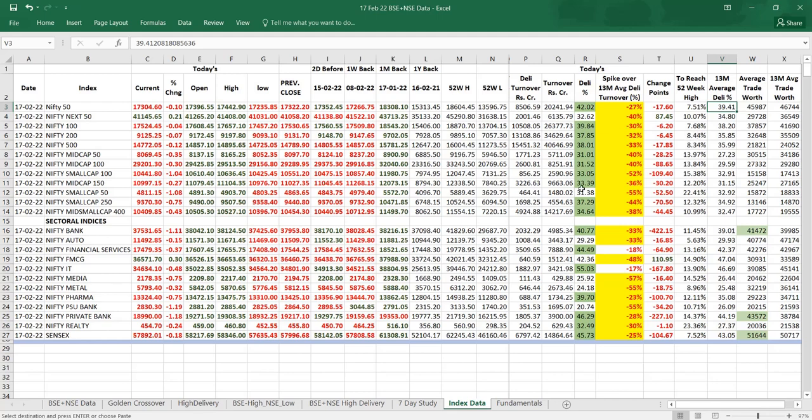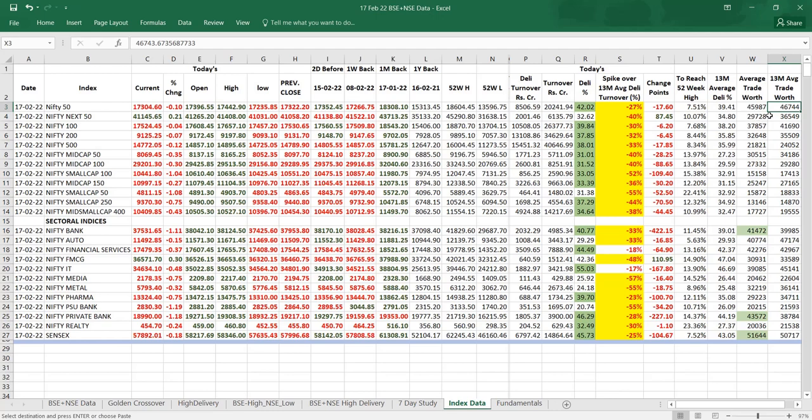So 39% is the Nifty 50 average delivery percentage, whereas today it is 42%. Wherever delivery percentage is higher, it will have a green background. Then comes average trade worth. BSE plus NSE added together, all the 50 shares on average have one trade for 46,744 over the last 13 months.